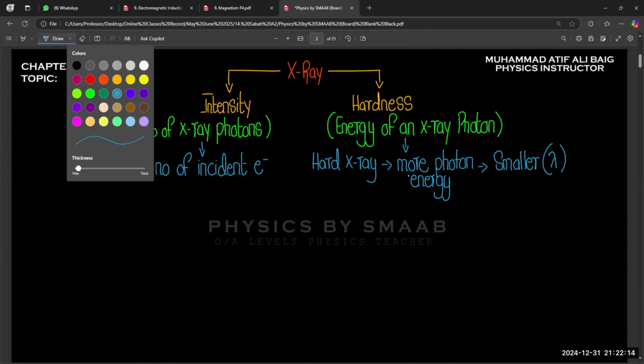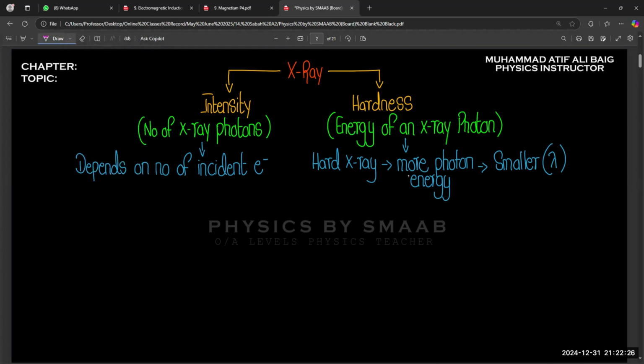Electrons are emitted, but the incident electrons are different. They are the number of electrons that actually hit the metal plate on the other side, in short, that strike the anode. So it depends upon the heating voltage. If we are using a greater voltage, it will accelerate electrons more quickly, and more electrons can strike the anode on the other side. So it depends upon the heating voltage.